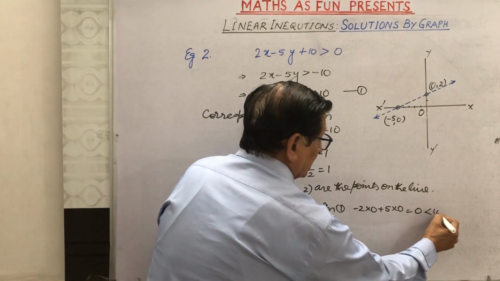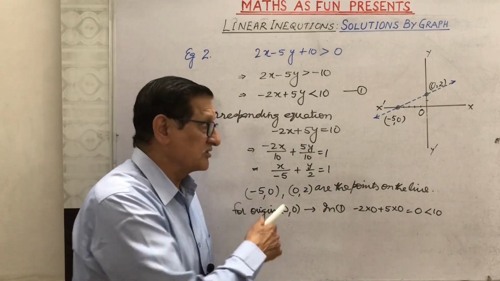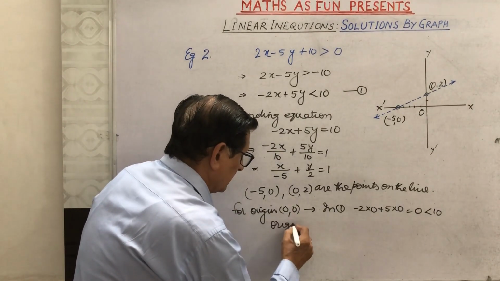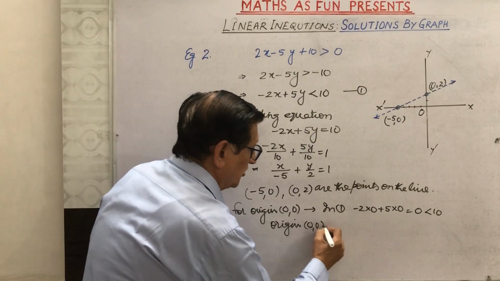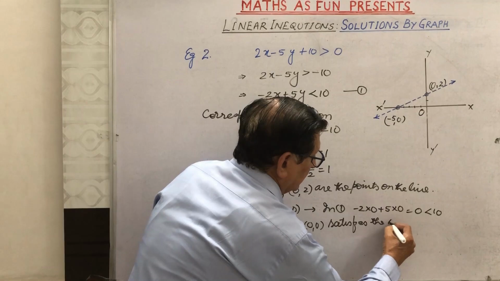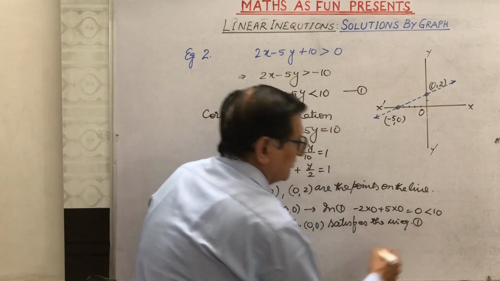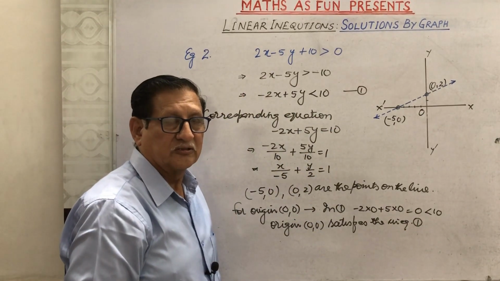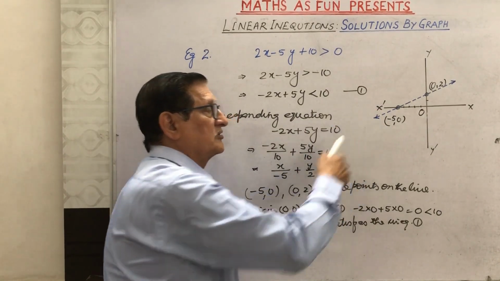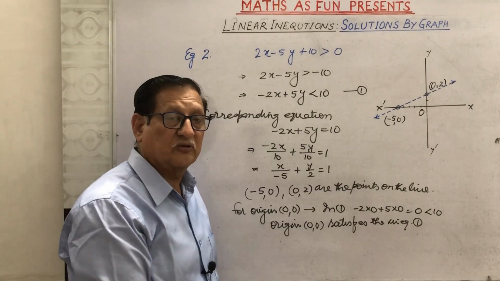Yes, it is less than 10. And as it satisfies the inequality, origin or (0, 0) satisfies the inequality 1. So the space in which the origin lies is the solution region of it or solution space of this.